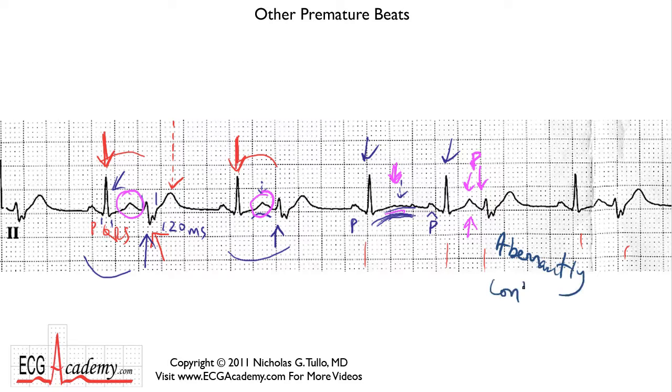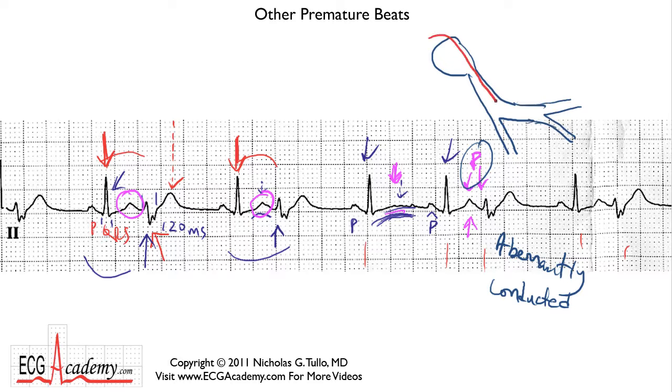They're aberrantly conducted because the premature beat, this P wave, got through the AV node and encountered partial refractoriness of the conduction system below the AV node. So if the AV node is here, and you've got your left bundle and your right bundle, and your hemifascicle is going down here, the premature beat gets down just at a point when one of these hemifascicles is blocked.